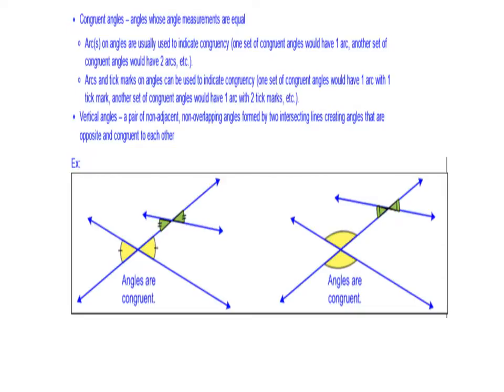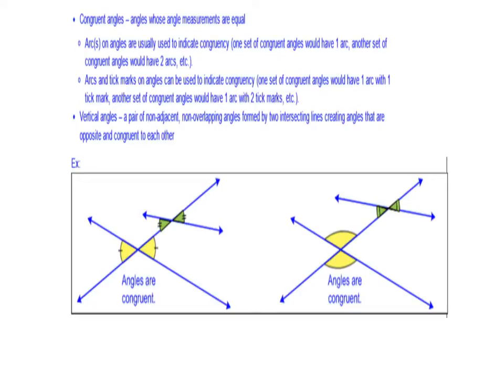So here we have two intersecting lines. If you look at the intersection, we have two angles that are congruent, and they are opposite from each other. One is on one side and one is on the other side of the intersection.